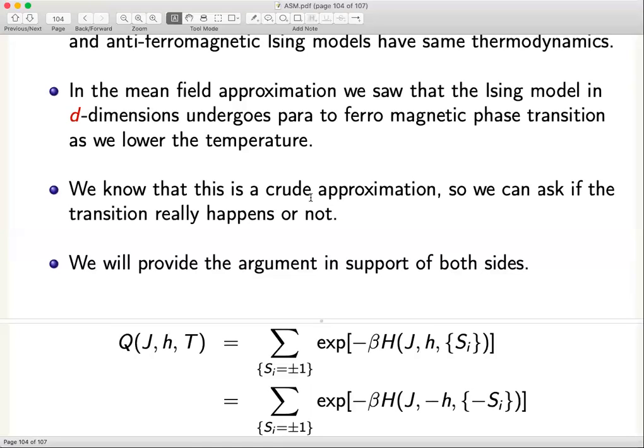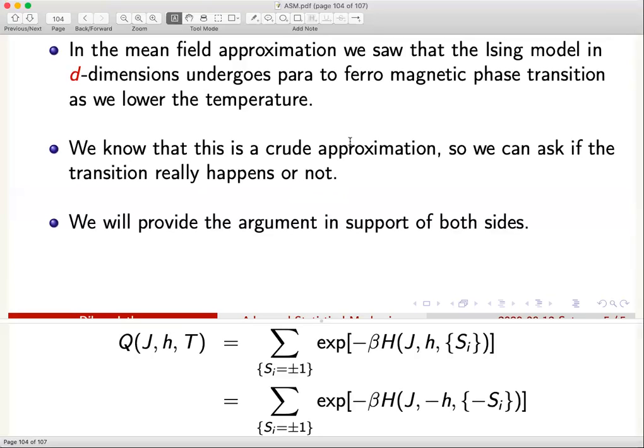You could ask: are we really sure that this transition happens, or does only mean field theory see it, and if I do a more accurate calculation, nothing of this sort really happens?